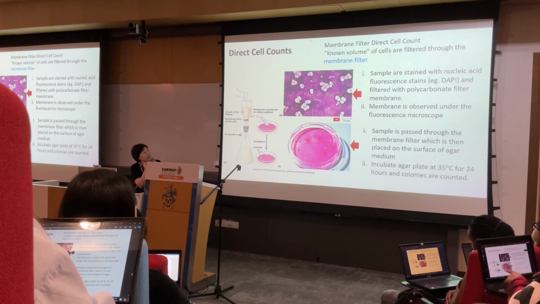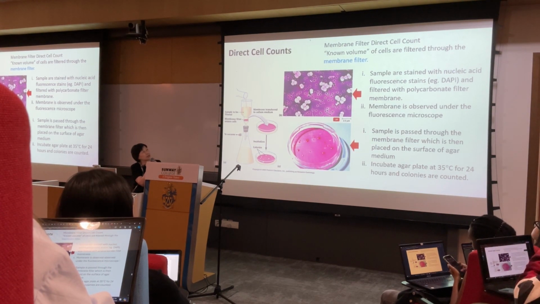So you already stain, and then you do the filtration. You take the membrane, you look under the microscope, and you can directly count the cells with the blue color. So this is a direct cell count from your sample.